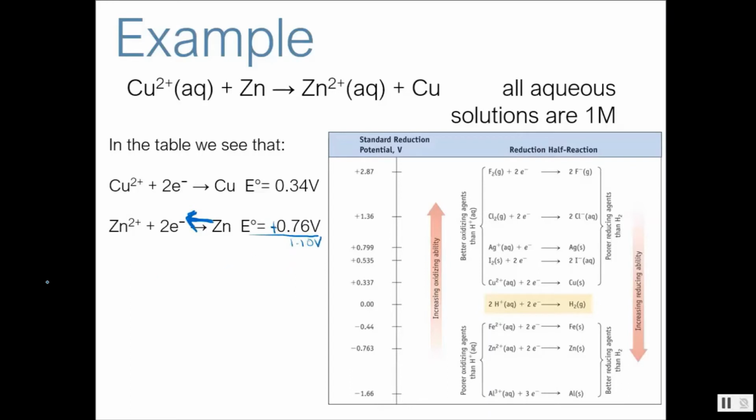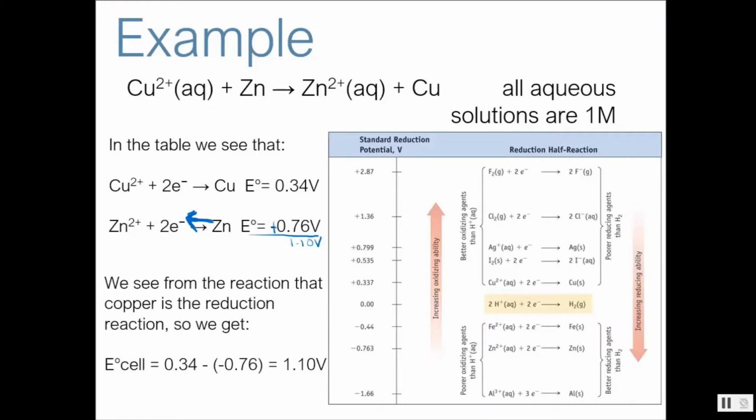Alternatively, we could use that expression where E cell equals E anode minus E cathode. And when we do that, our anode, again, is where oxidation is occurring. Good, I misspoke. So our E cell is equal to E cathode minus E anode.